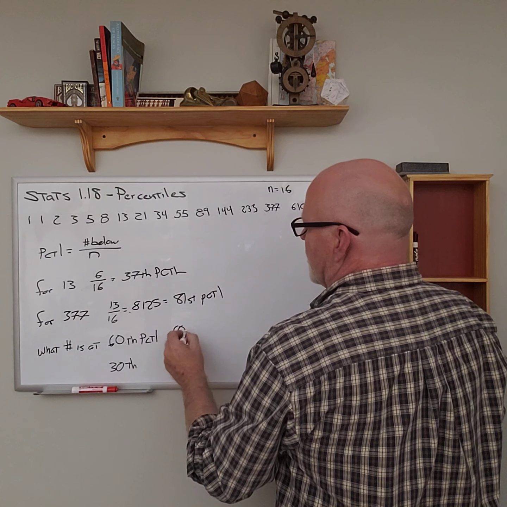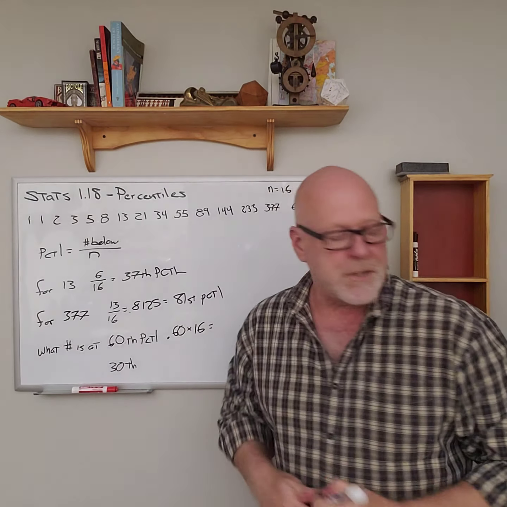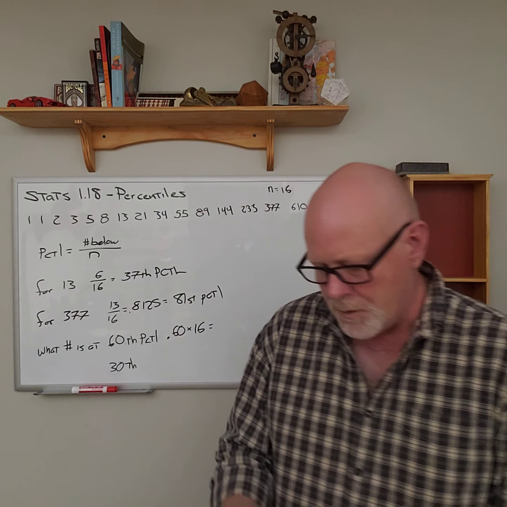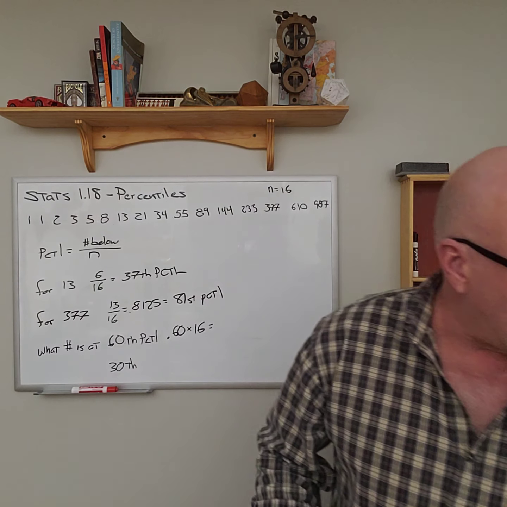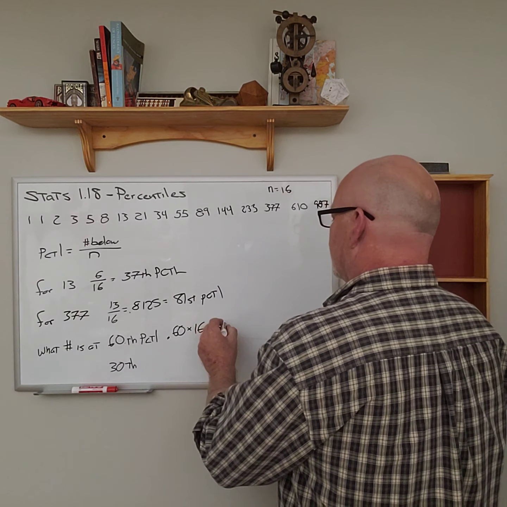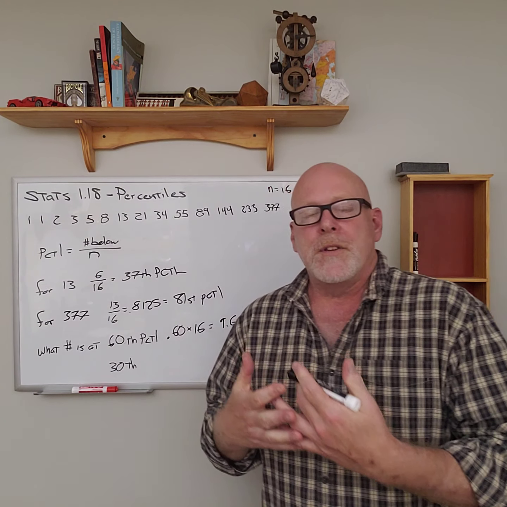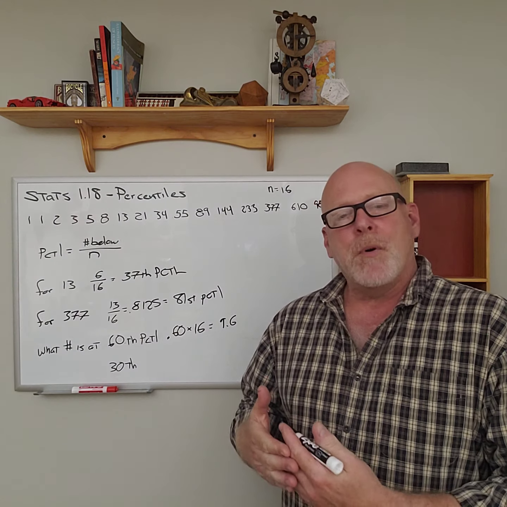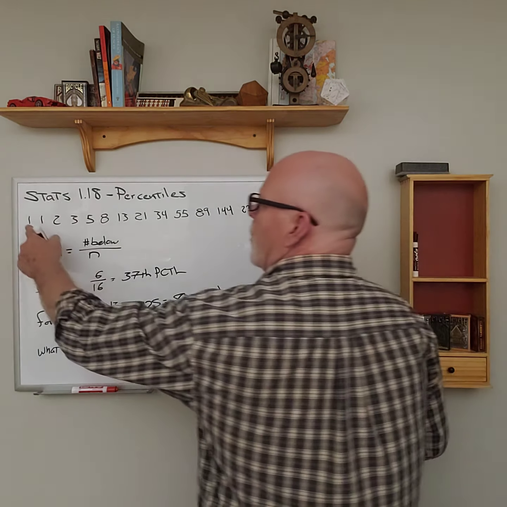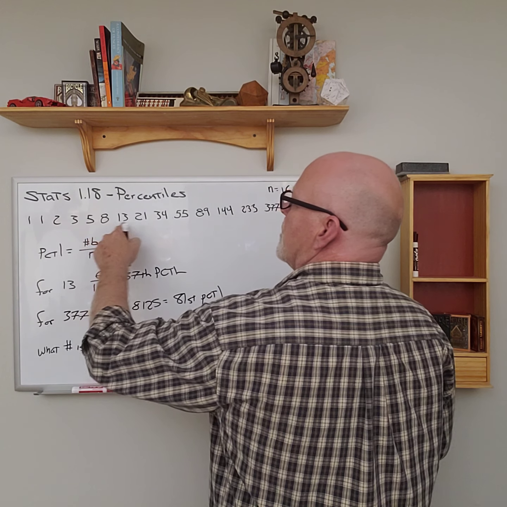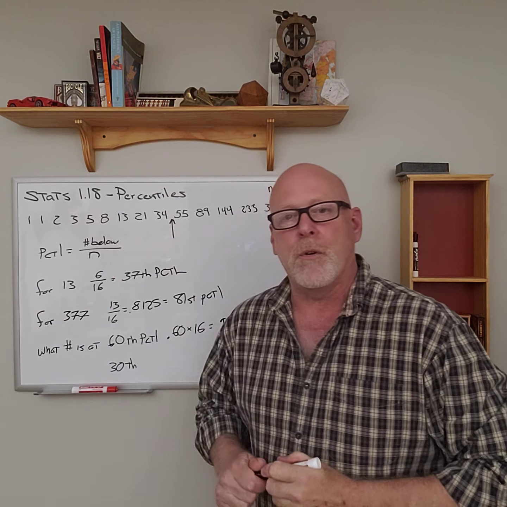So multiply 0.60 times 16, right? 60% of 16 is going to be 0.6 times 16. That's 9.6. So the 60th percentile is where 9.6 of these data points fall below. So just count. 1, 2, 3, 4, 5, 6, 7, 8, 9. 9.6 would be right there between 34 and 55.